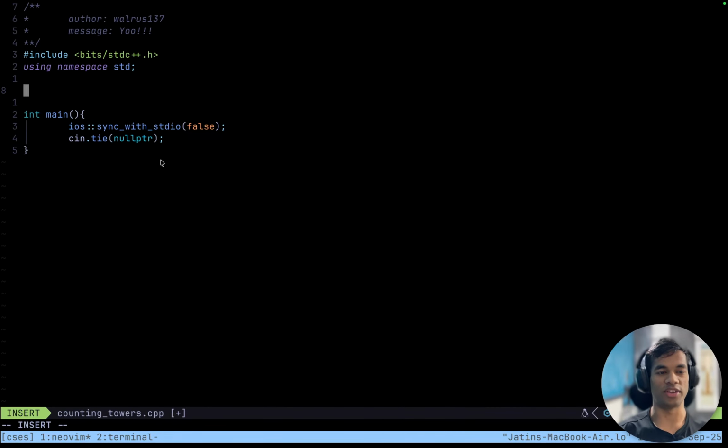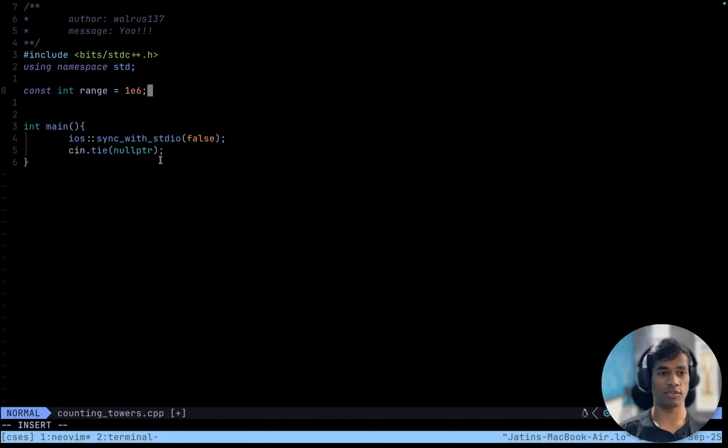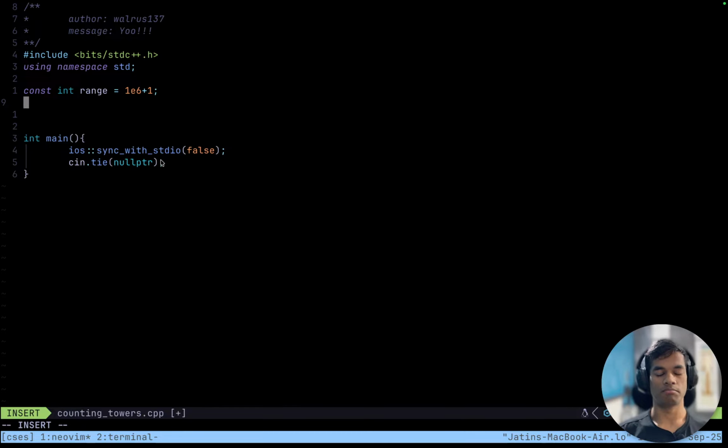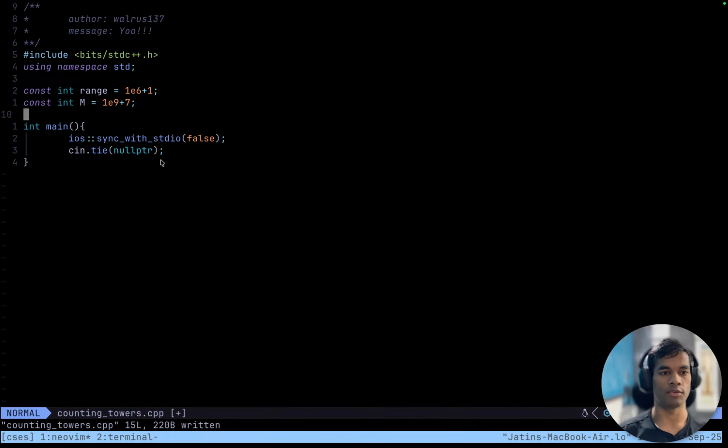Const int range is going to be equal to 1e6 plus 1, because the maximum value of n can be 1e6. Then const int m is 1e9 plus 7, that is where we have to take the modulus.